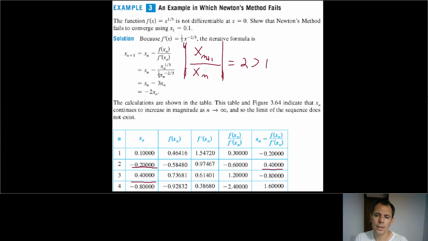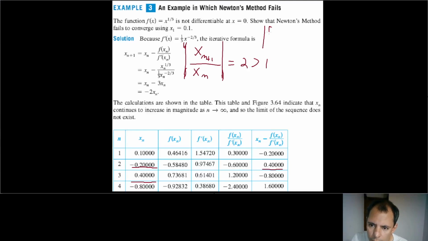And what did I say? Remember that in order for something to converge, remember that formula? I'm going to show this to you guys again.